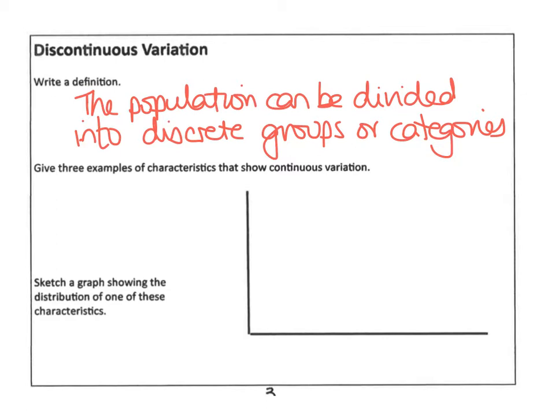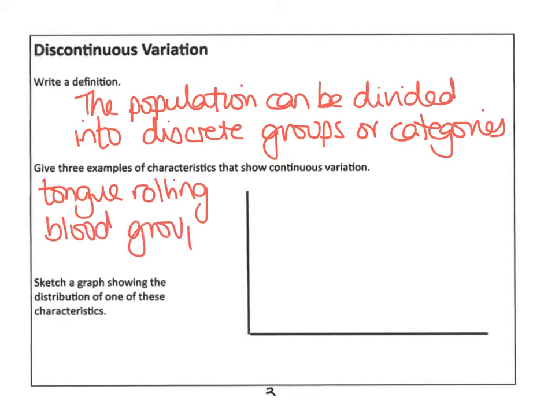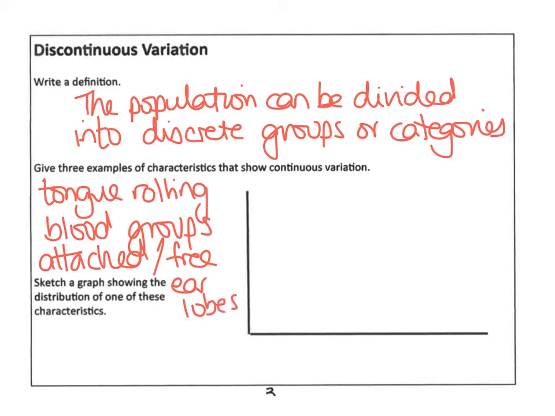We need 3 examples here. The ones we talked about were tongue rolling, blood groups, and attached or free, another name for detached, earlobes. The graph is a bar chart and it has spaces in between the bars.